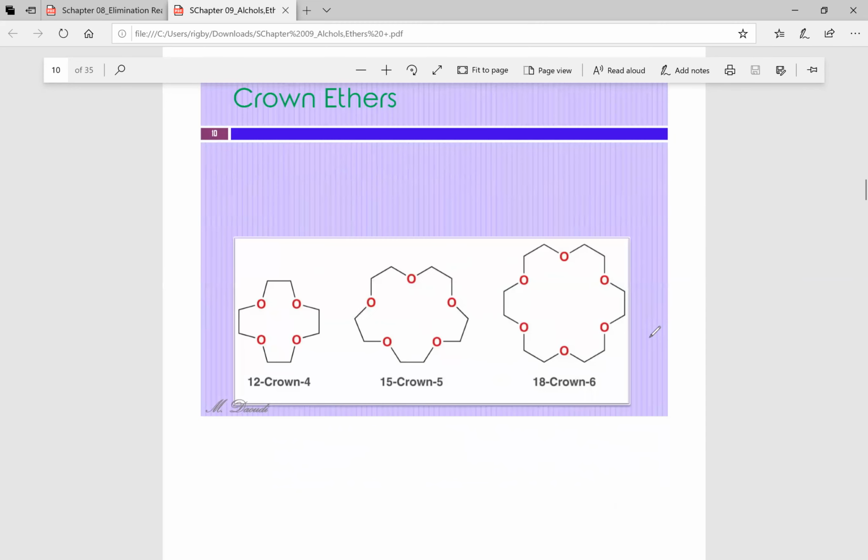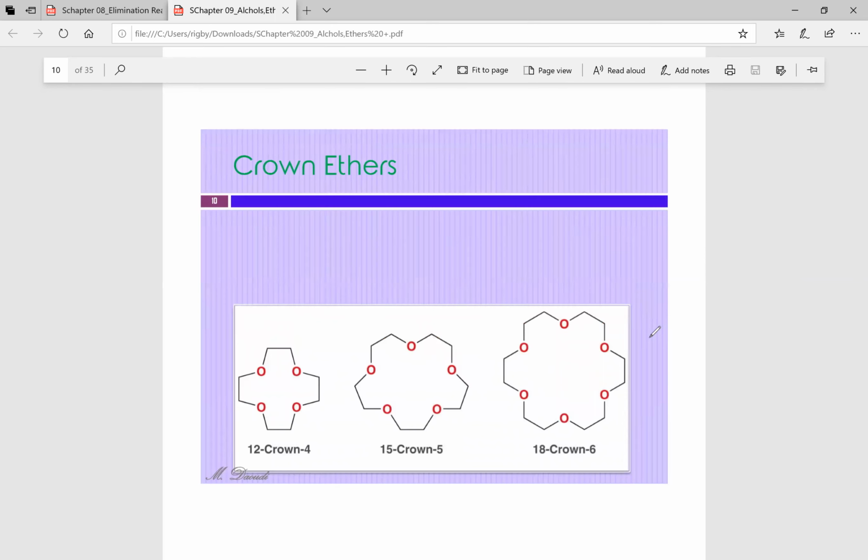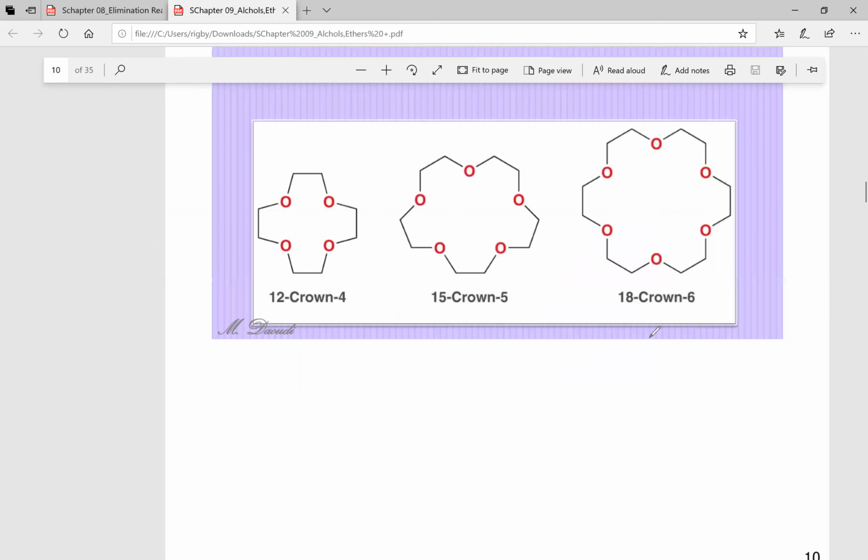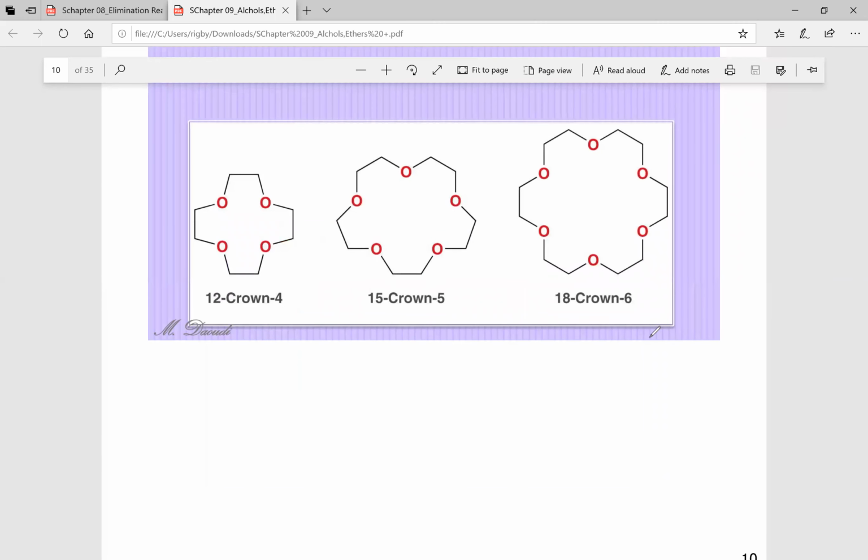And so now let's talk about crown ethers. So crown ethers look really scary, but they're not. The main thing about crown ethers is you should know how to name them, and you should know what is important about them. So we can see here that to name a crown, it's in the general format of X-crown-Y.